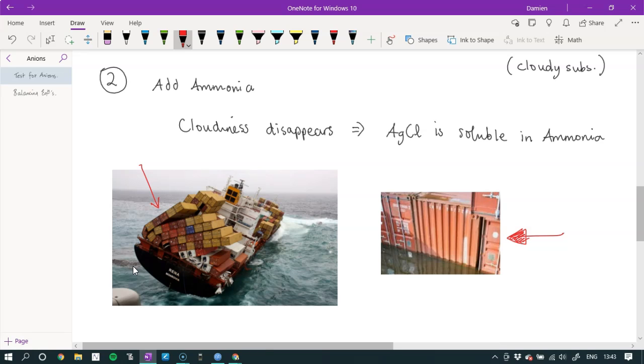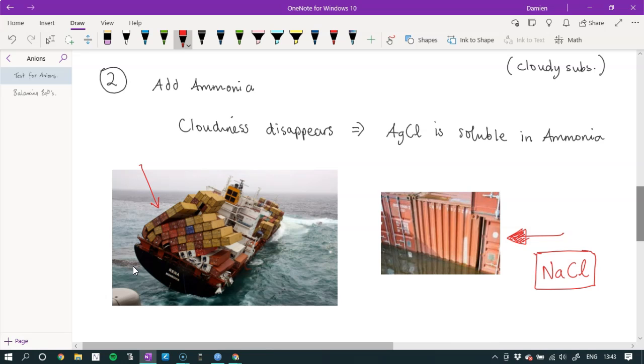The main constituent in seawater is NaCl, which is sodium chloride. So what this insurance assessor does is go in to see if it is seawater that has actually damaged the stuff inside these cargo containers, or if there was just a hole in it and rain got in. So he has to differentiate between seawater and rainwater. Rainwater doesn't contain sodium chloride, but seawater does.